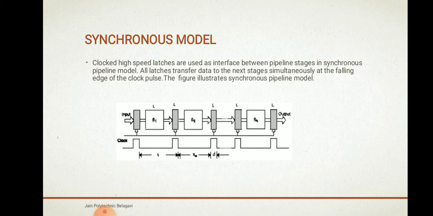When S1 finishes all the results, it sends the data to the next clocked high speed latches between S1 and S2. It will send the data to S2 only at the falling edge of the clock pulse. So when there is a falling edge of the clock pulse, it sends the data to S2. This is about the synchronous model.